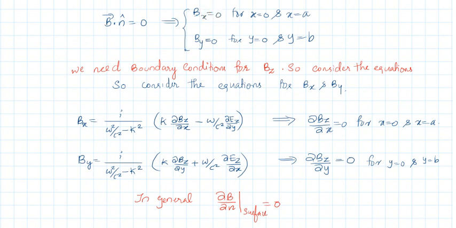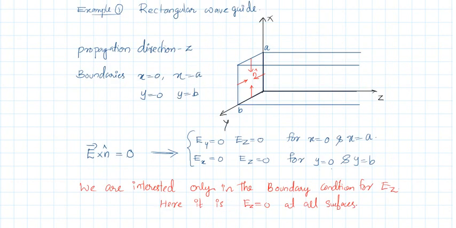The magnetic field component in the x cap direction is the x component of magnetic field. Bx equal to 0 for x equal to 0 and x equal to a. Similarly, By equal to 0 for y equal to 0 and y equal to b. Clear? The normal component for the x equal to 0 and x equal to a interface is actually the x component of the magnetic field.